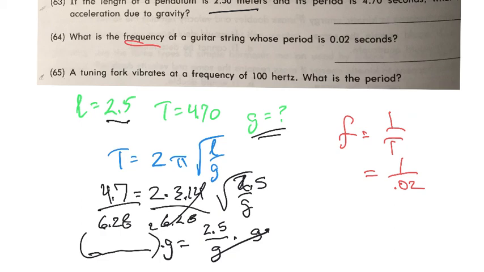This one says we have a frequency of 100 hertz, and it says what is the period. So remember, the period is 1 over the frequency, or 1 over 100. And again, you're just coming up with a decimal number for that, so divide that and write that answer as a decimal with 2 significant figures. Okay?